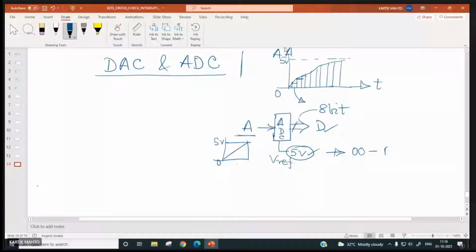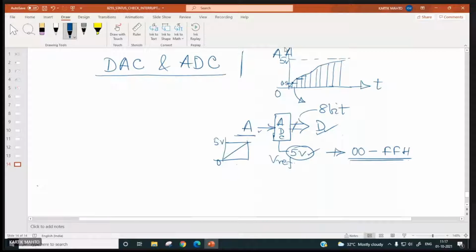Now coming to this part. Suppose I say this sample is 0.5 volt. And for this sample I have shown a step. Why? Because this conversion also takes time. It is not that when you give it, immediately you will get it.